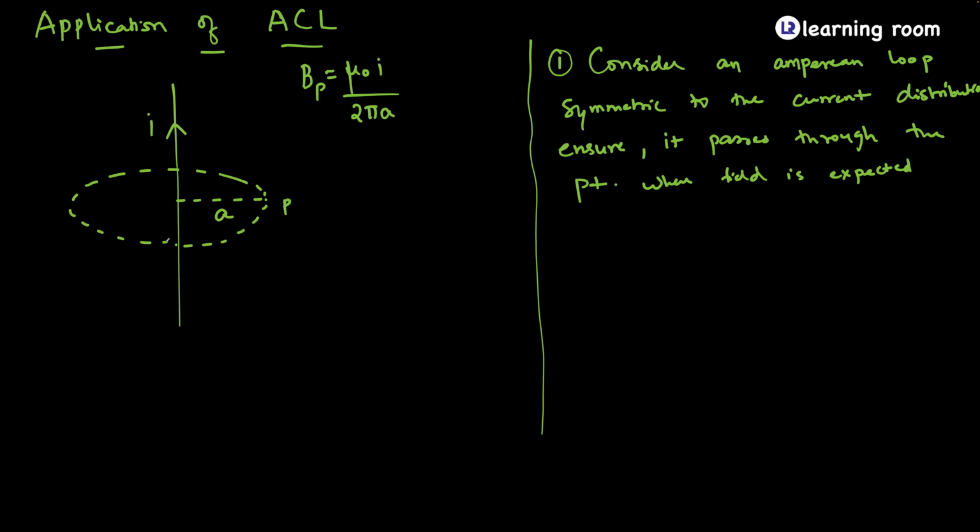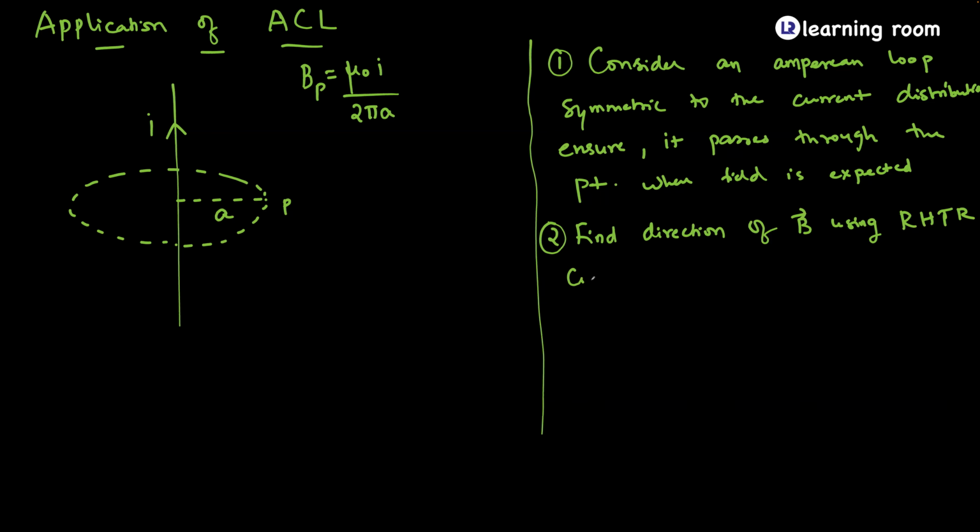The second step is to find the direction of B vector using the right hand thumb rule.